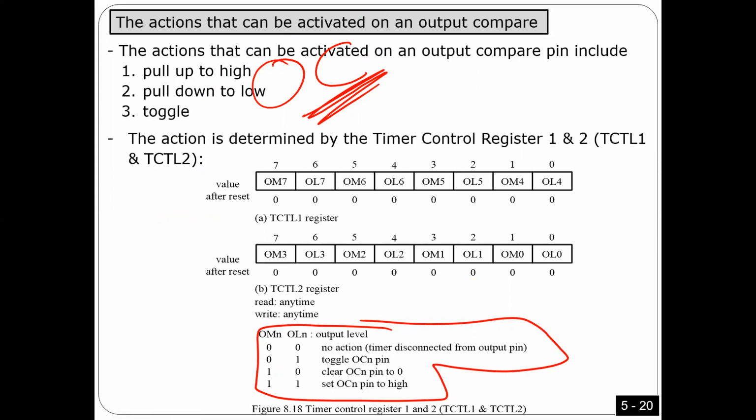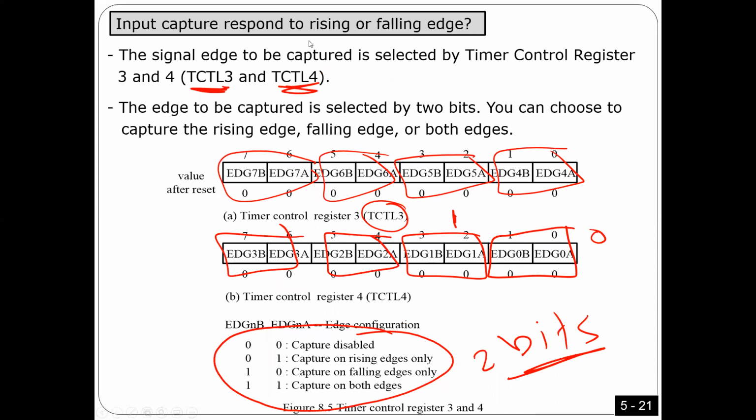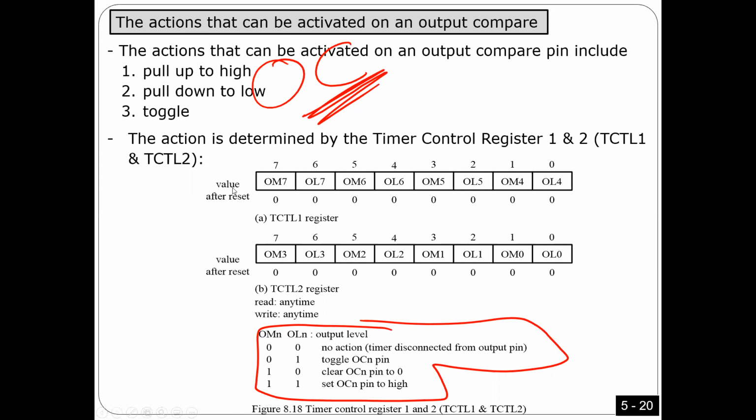Again, similar to what we did for input capture, because we have 4 choices, that means we should have 2 bits for every channel. So in total, we need 16 bits, right? That's why we're going to use 2 registers, TCTL1 and TCTL2, as you see here.